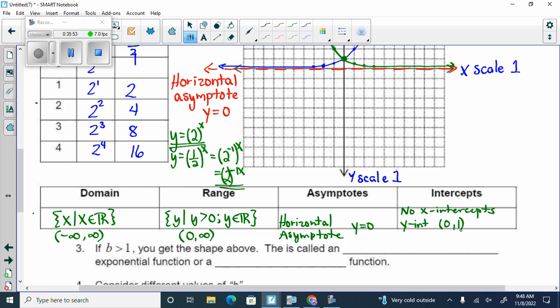What's the only thing that could cause us to have an x-intercept? Vertical translation, taking that whole graph and shoving it downwards, right? It would cause it to have an x-intercept. So actually your vertical translation is your asymptote, because the only thing that can move that dashed line is a vertical translation.